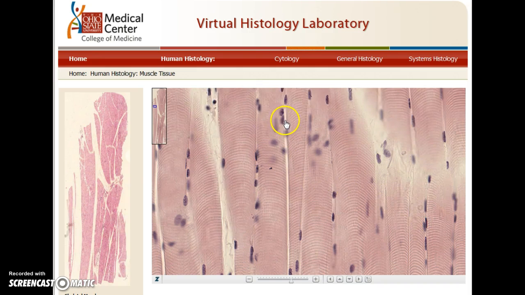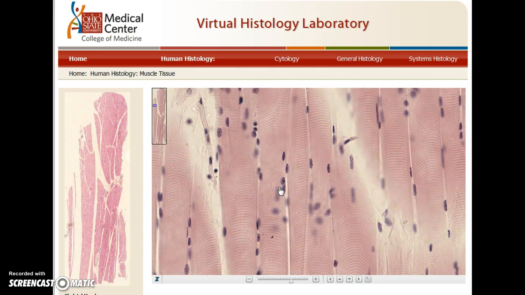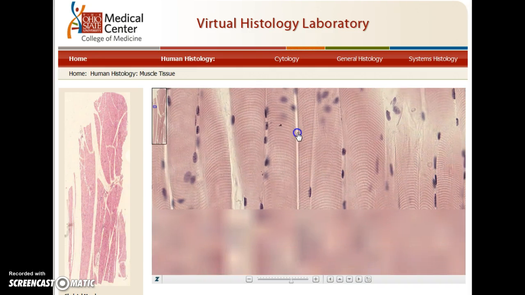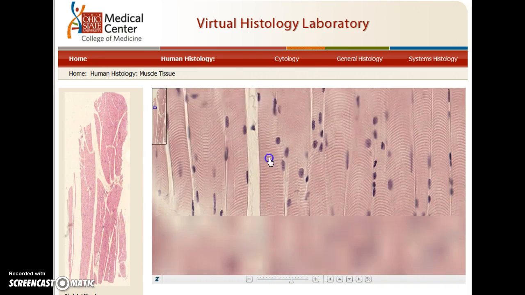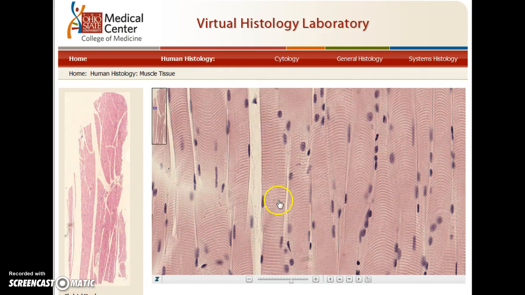And if you were in class and heard my crayon box analogy, remember that the muscle fiber is like the actual crayon, and the endomysium is like the paper wrapping around it. So it's going to hug this muscle fiber very closely. So this is skeletal muscle.